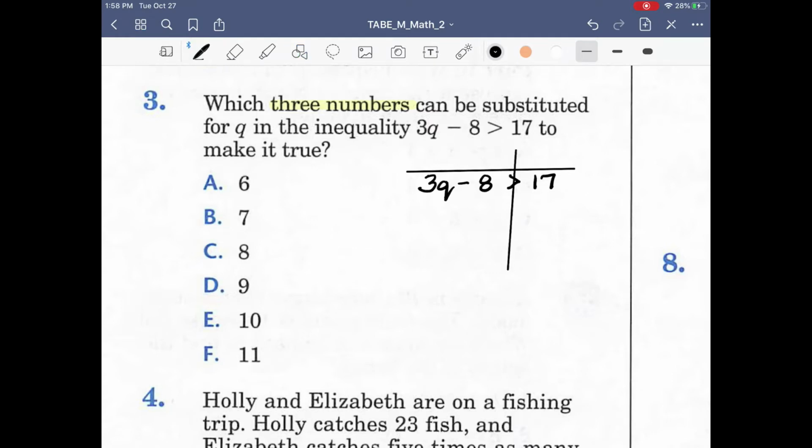So we have our variable on this side, it's the letter Q, and our constants are all going to move over to this side. So I'm going to move the 8 to start with, and that will give me 3Q equals 25.